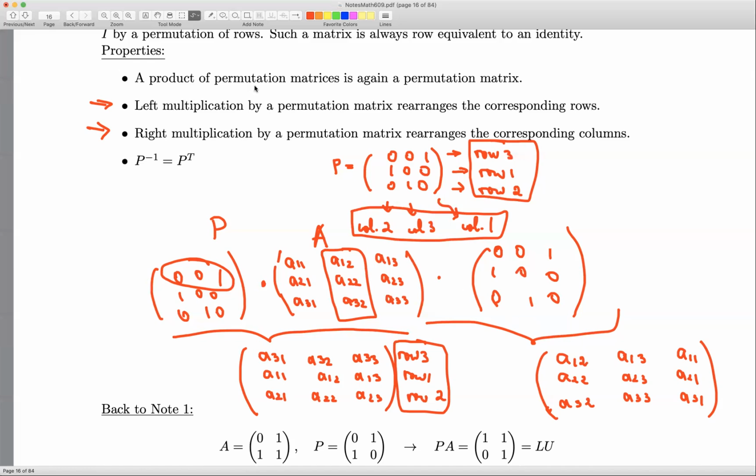A product of permutation matrices is again a permutation matrix. And if we take the inverse of a permutation matrix, this is the transpose of the same matrix. So P inverse is equal to P transpose.